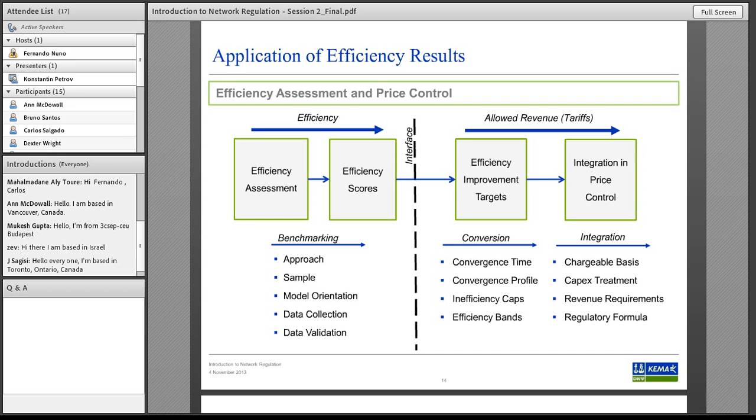And then we have also the so-called inefficiency caps or efficiency bands. So this is related to so-called mitigation measures, and they have been widely used in practice. What does it mean, actually? It means that because of the incompleteness of the efficiency analysis, probably because of mathematical properties of the models, because of the data, because of the comparability issues, several regulators have been using these mitigation measures.